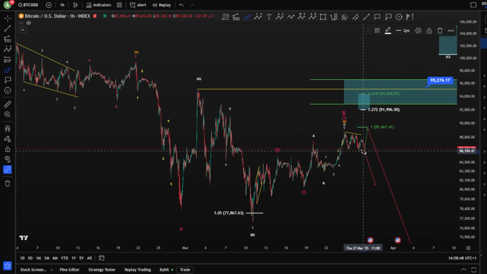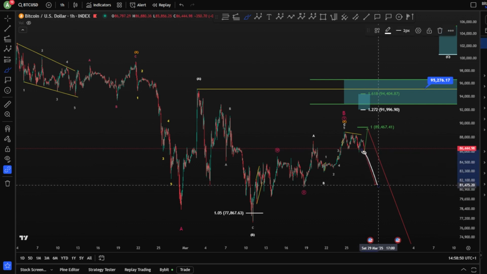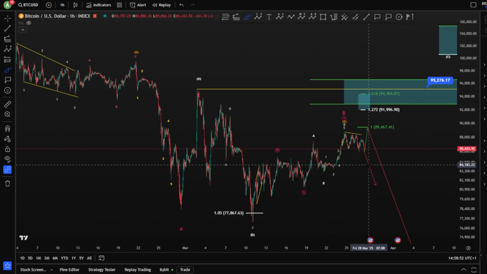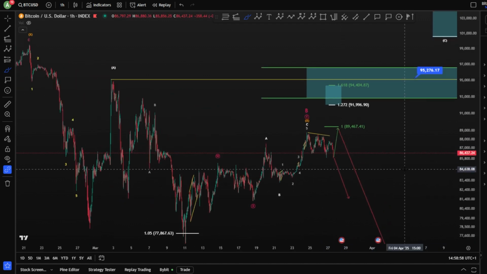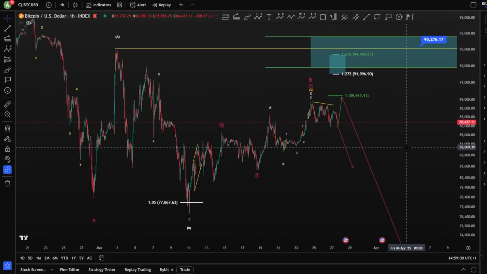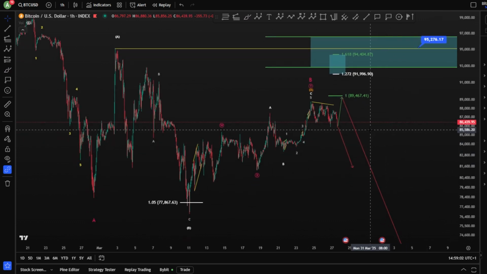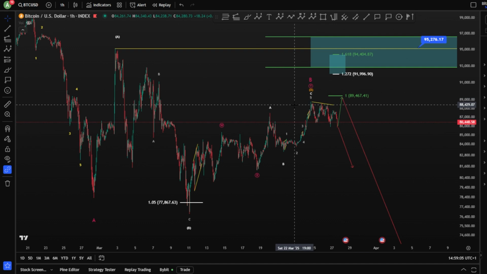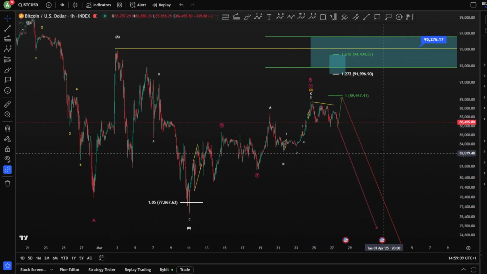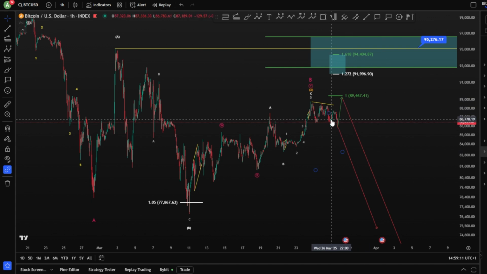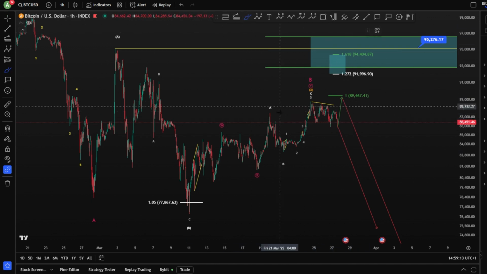I'm doing this because even the potential that we drop directly from here is very high, as well. And that's because of the news that we're hearing today. It's not so optimistic and positive for the market, even for the stock market. We saw Nasdaq dropping down very massively since yesterday, and today continuation. And this will affect Bitcoin and the crypto market.